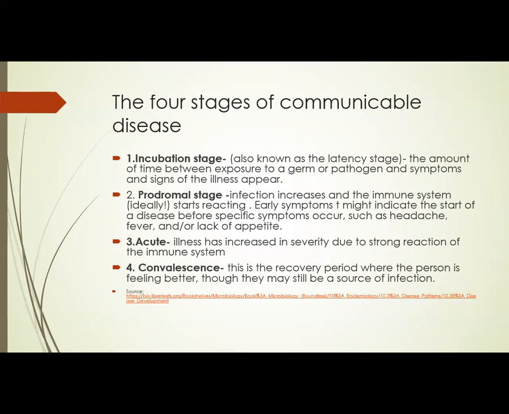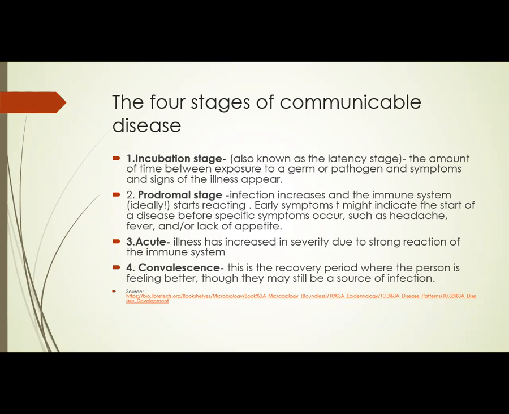So the 4 stages of communicable diseases are incubation, prodromal, acute, and convalescent. Each of these stages represents different phases of the disease's progression. It's important to understand these stages in order to prevent the spread of communicable diseases. For example, it's handy to know that the stage when someone is most contagious is usually the acute stage.